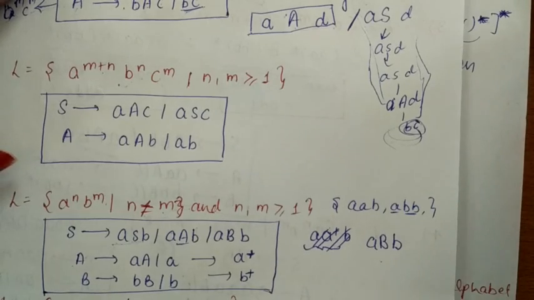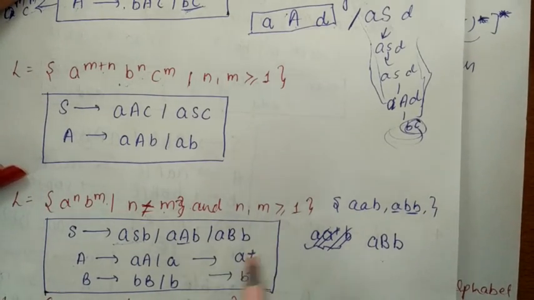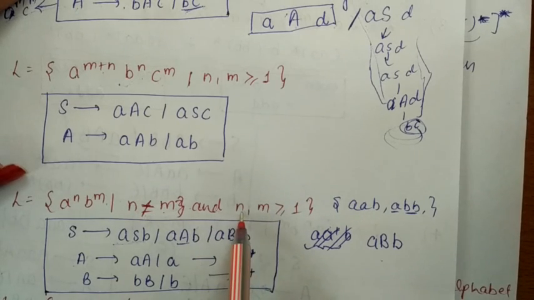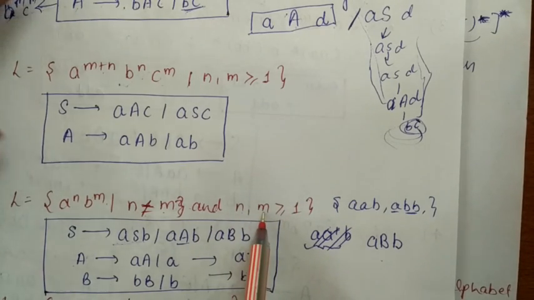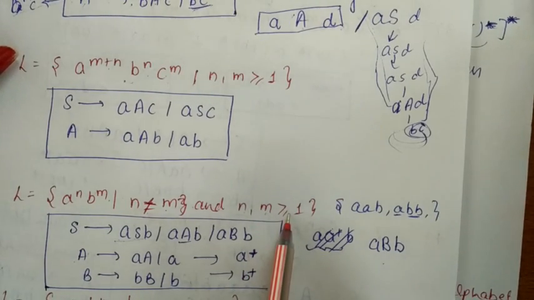It should be either greater or smaller, like this. And the values of n and m are greater than or equal to 1.